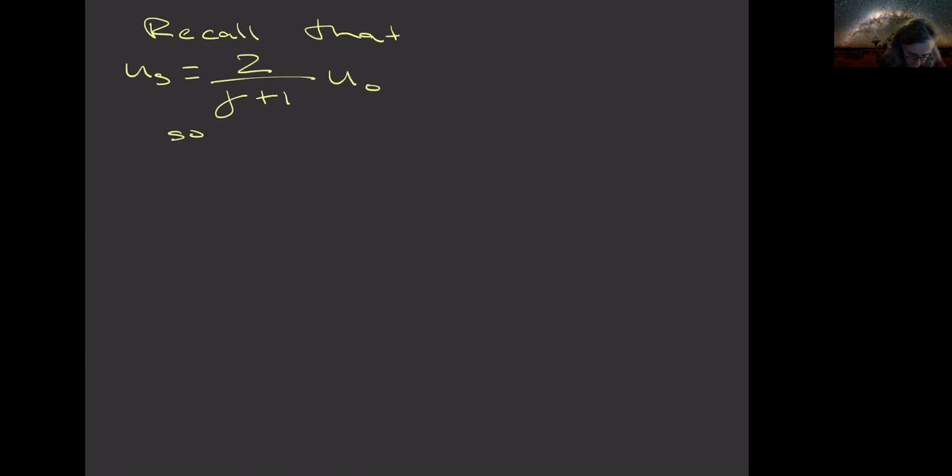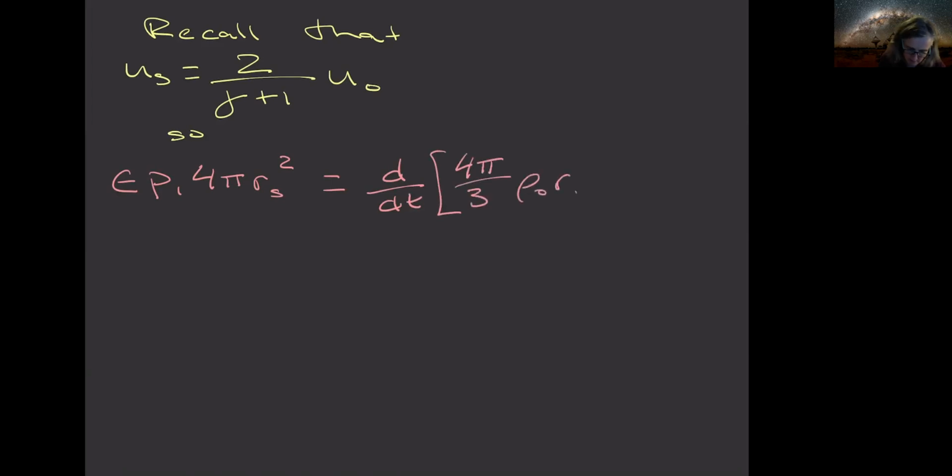So let's rewrite: epsilon P1 4 pi Rs squared is equal to d/dt of 4 pi on 3 rho naught Rs cubed times 2 u naught over gamma plus 1.